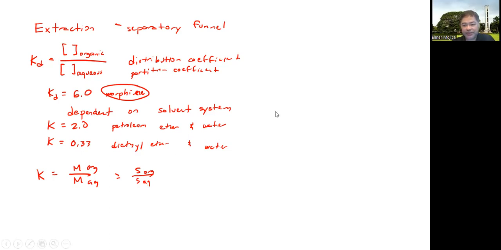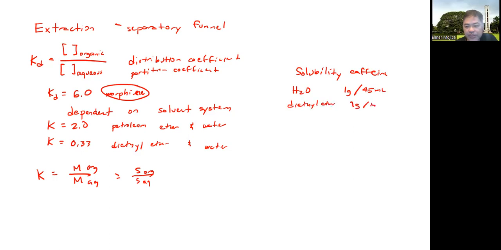So for instance, if we have this what we call solubility, so ano natin yung caffeine? So in water, for every 1 gram, you need 45 ml of water to be dissolved. For diethyl ether, for every 1 gram, you need 530 ml. Now for benzene, for every 1 gram, you need 100 ml.